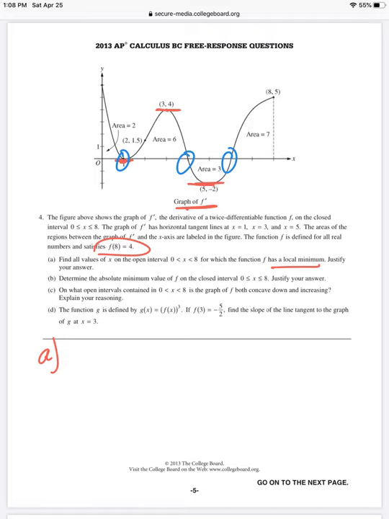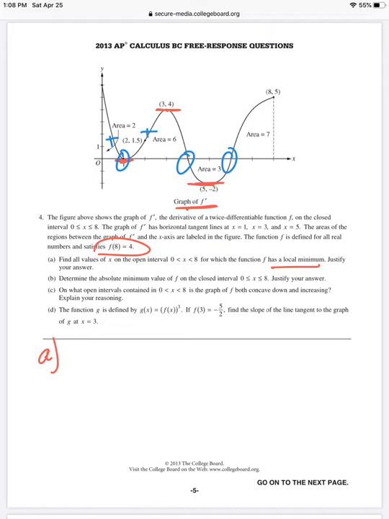Now, to get a minimum, if I look at my sign chart, the derivative has to change sign. If it's a minimum, the derivative goes from negative to positive. Here at 1, the derivative is positive and positive because it's above the x-axis. I don't even have a max or min here. This is just a critical point.